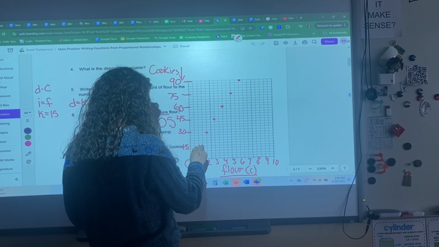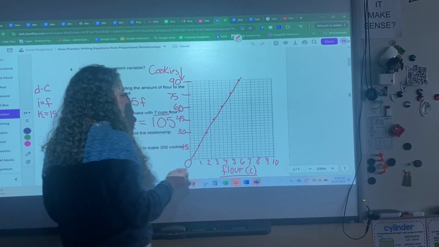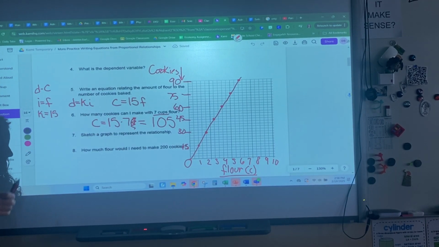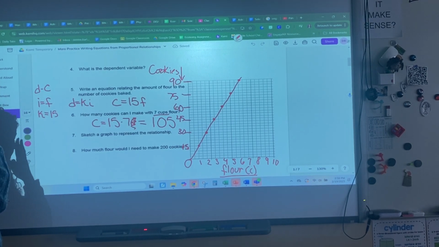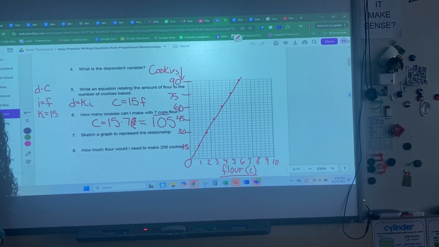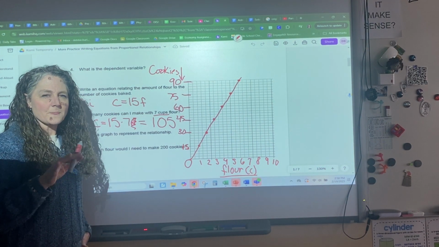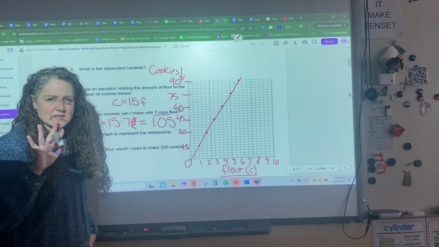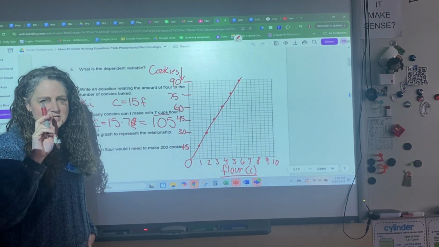Does anybody have some flour in their pockets? We are not making cookies out of pocket flour. I have everything in this classroom that we would need to make cookies except for flour.